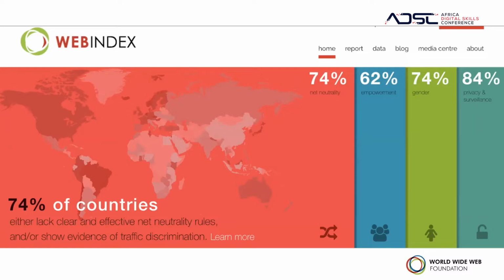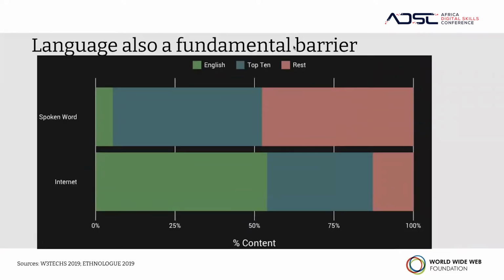What are the harms? And so we've been running something called the Web Index. This is a survey of the global status of the web, and we looked at things like net neutrality, traffic online, where it was getting throttled and where it wasn't, empowerment, gender, and privacy and surveillance as our big issues.